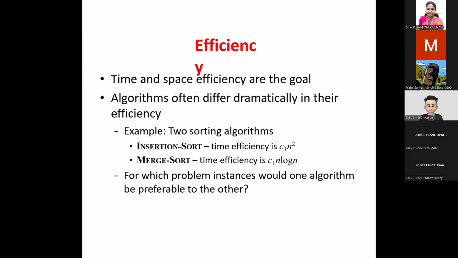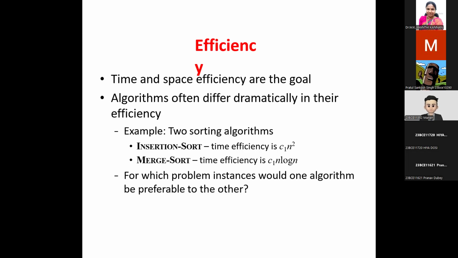Algorithms often differ dramatically in their efficiency. For example, take two sorting algorithms, insertion sort and merge sort. The time efficiency of insertion sort is c1 n squared, where c1 is a small constant factor. For merge sort, the time efficiency is c2 n log n. So for n numbers, insertion sort takes n squared, but merge sort takes n log n. Which is bigger and which takes less time?